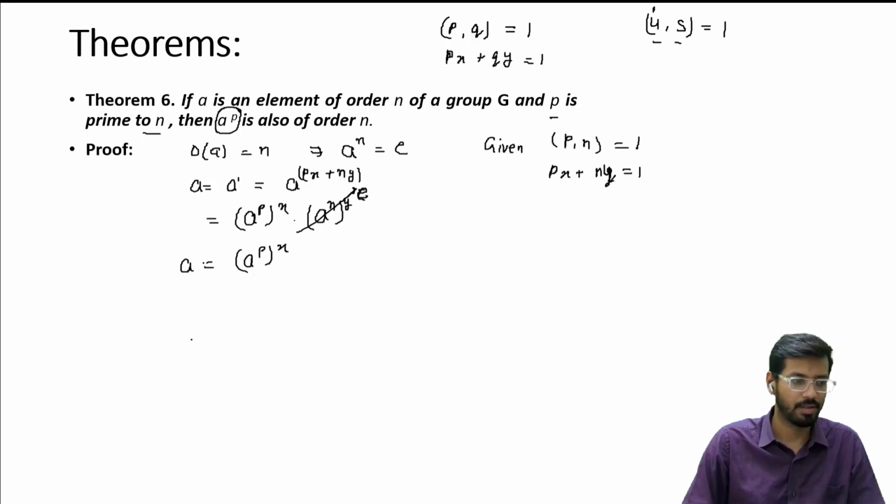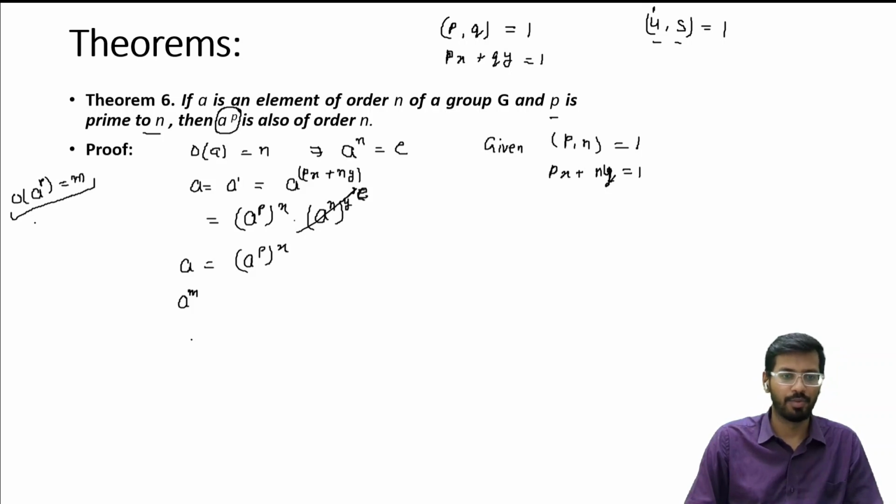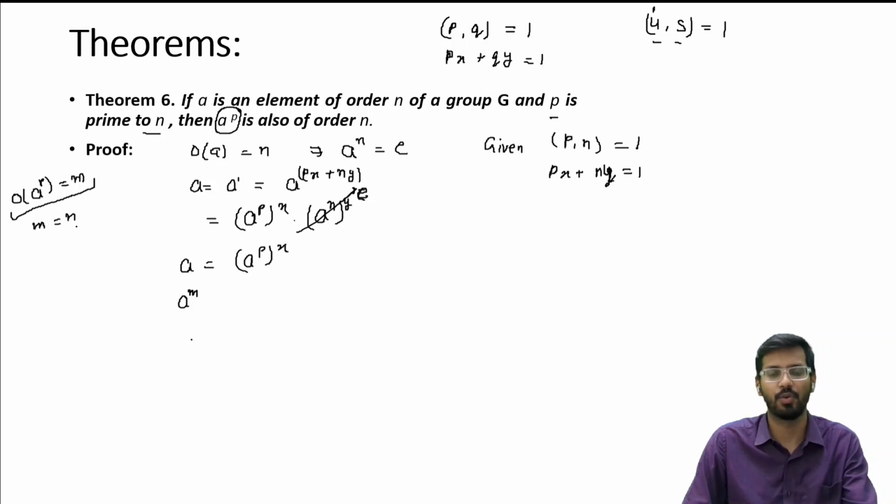Now we will take power m on both sides. Suppose the order of a raised to power p is equal to m. Okay, we have to prove that m is equal to n, because we suppose the order of a raised to power p is m, and given that the order of a is equal to n, then we have to prove that m is equal to n.